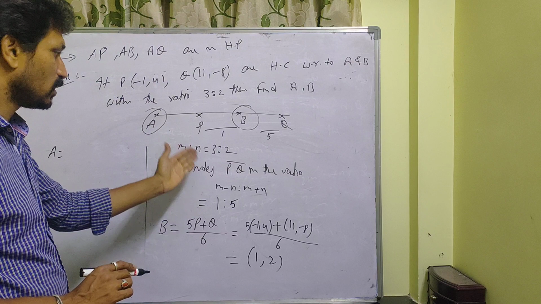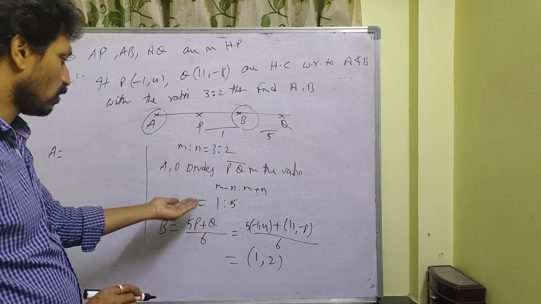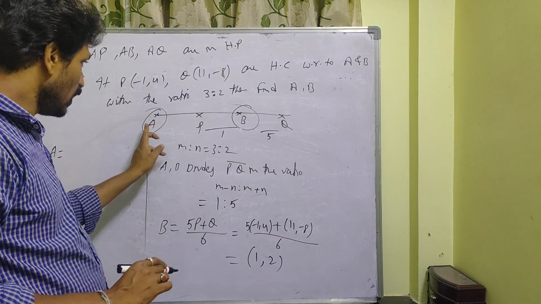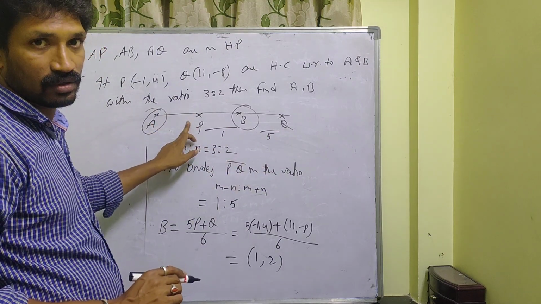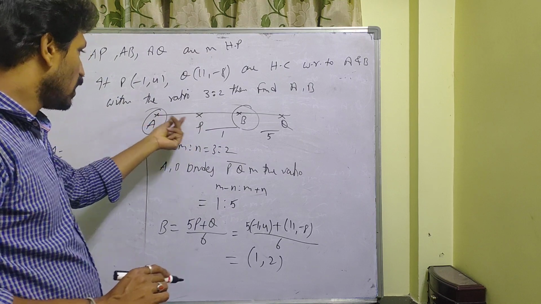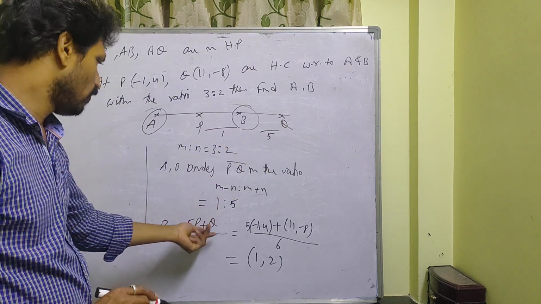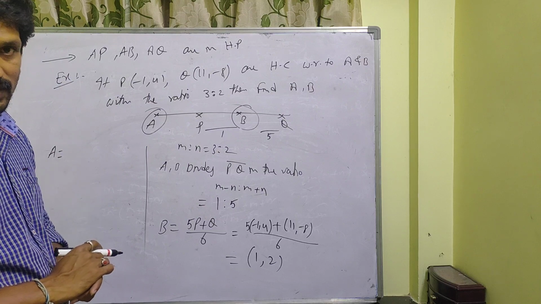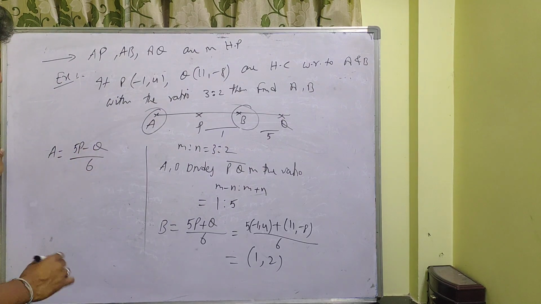A, that means the ratio is externally, A will be. So external formula what we have to use? Same formula. So what is that? Here AQ will be 5 and AP will be 1. Okay, so that means AP 1 multiplied to Q. Okay, Q same formula, that is 5P minus Q by 6, or Q minus 5P by 6.